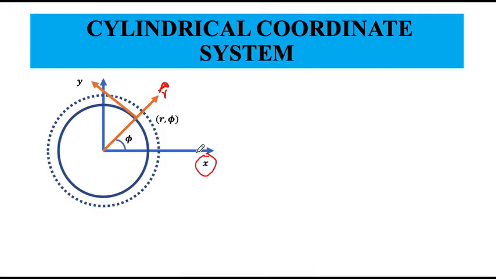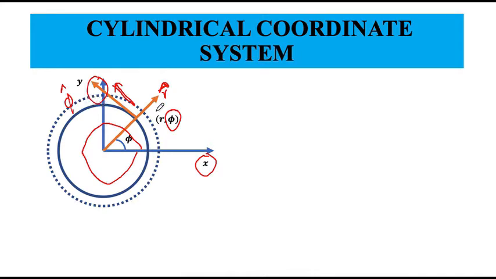So the unit vector must be in direction of increasing phi, measured with respect to x-axis. So phi must be along this direction. Okay, because it is increasing in this way. It will be 90, then 180, then 270, then 360. So that is the direction of my phi unit vector. Okay, so you have r vector, you have phi vector.